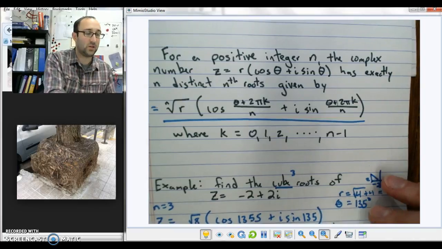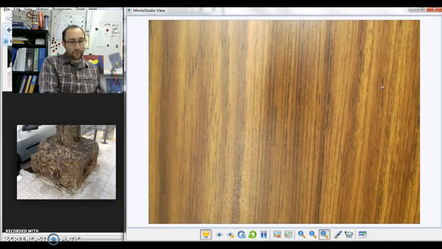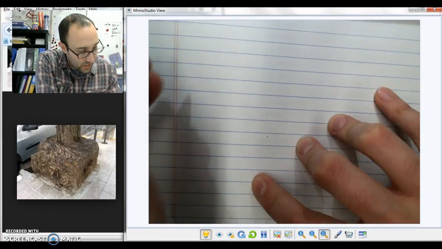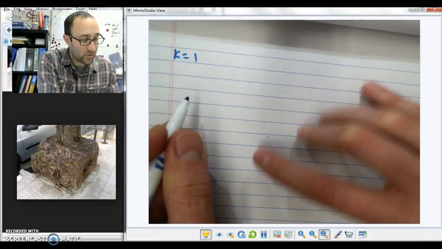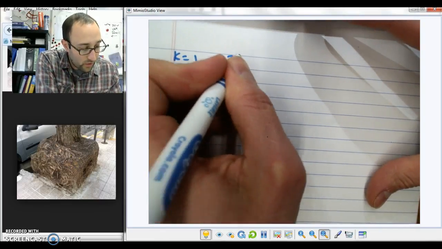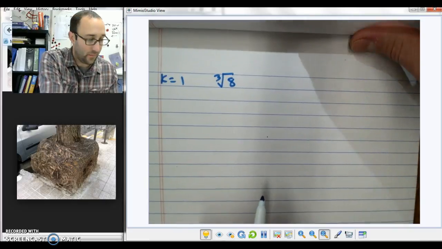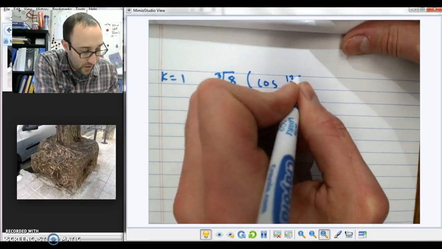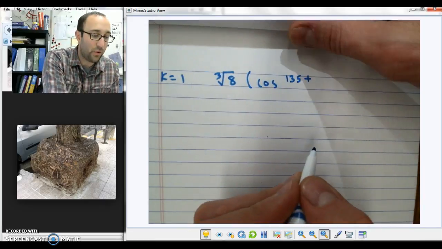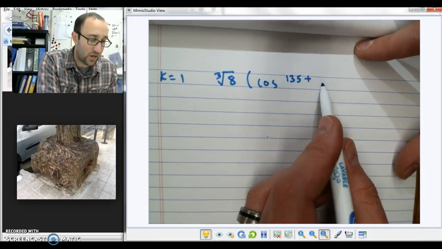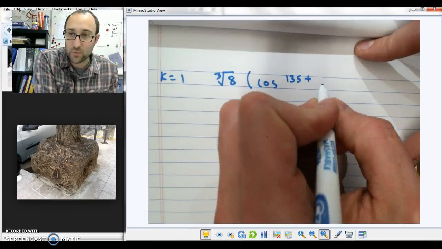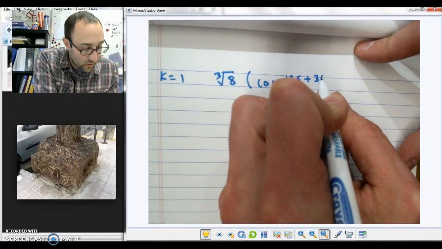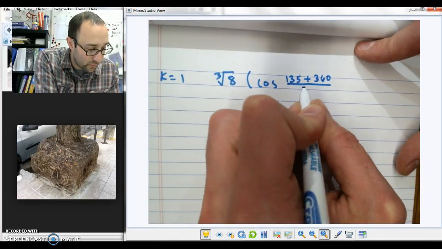Now what happens when k is 1? So let's do the same thing. When we say k equals 1, we're still going to get the cube root of 8. Okay? And then it's going to be times cosine of 135 plus 2 pi times k. 2 pi times k is 1, so it's going to be plus, since we're in degrees right now, I'm going to keep it in degrees, plus 360 all over 3.